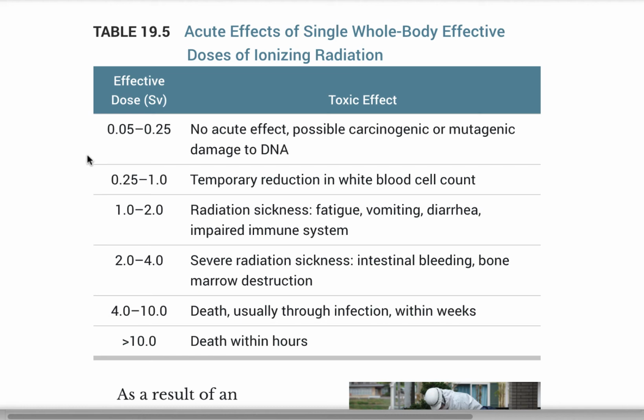Once you get past that 0.25 sievert dosage, though, you're starting to see some pretty significant effects. This is just going to be an effect on your immune system, but then after that, you're going to start seeing some really significant effects. So these guys start to get a little scary here, right?